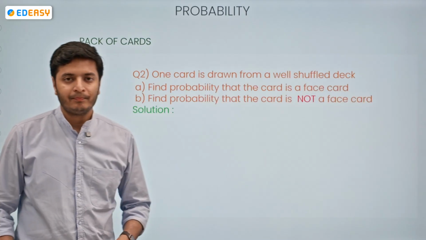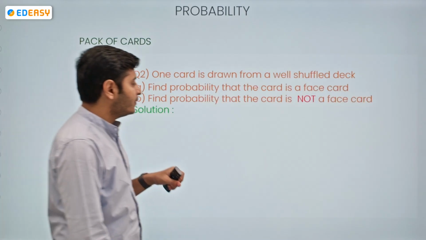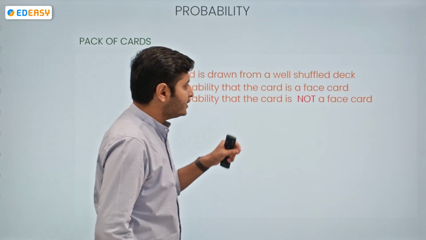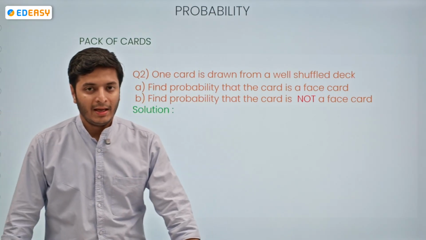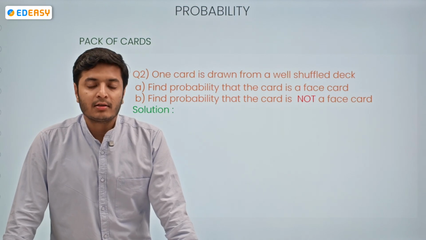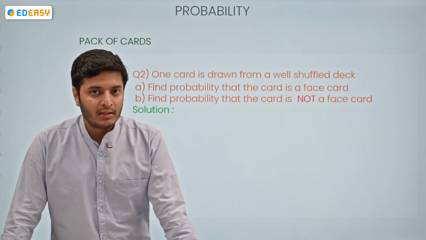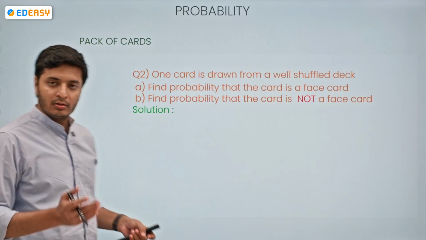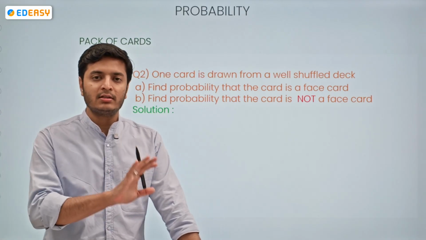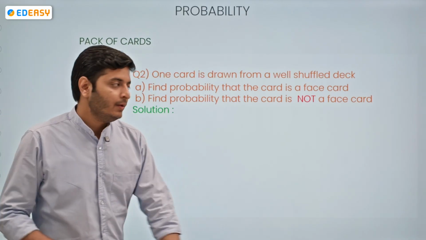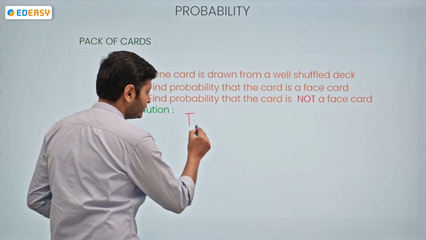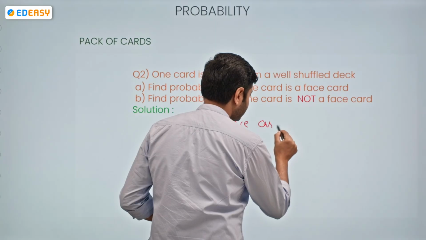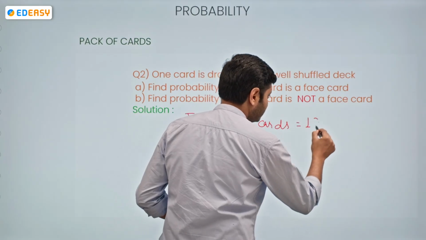next type of problem. One card is drawn from a well shuffled deck of cards. We need to find the probability that the card is a face card. As I told you, face cards are those cards which are either kings, queens or jacks. So 4 of each type, it means 4 kings, 4 queens, 4 jacks. So it means total face cards are 12.